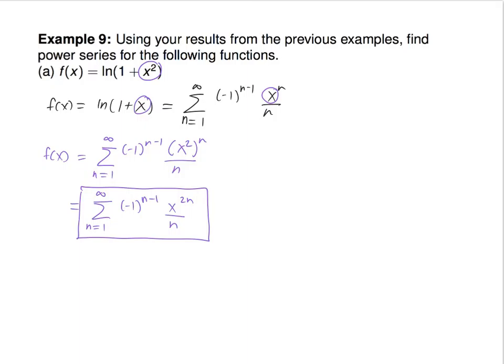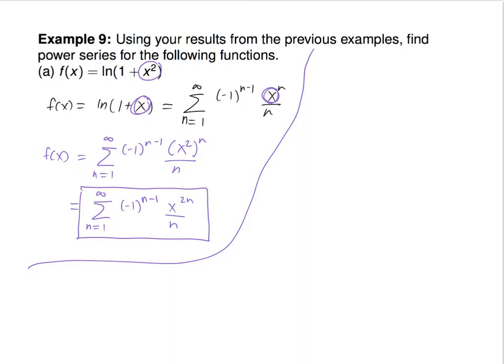No, you don't. That would be produced if it was 2 plus x squared, right? But think about it: instead of this being x, that could be a u. And so you can replace the x by something else. So if you do it the long way, there's another way to do it.